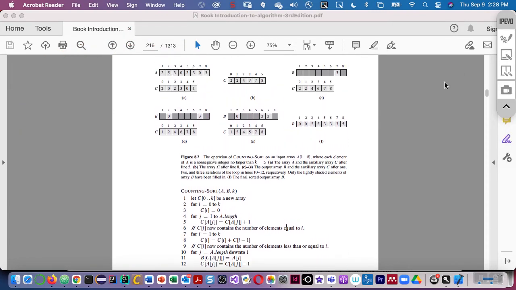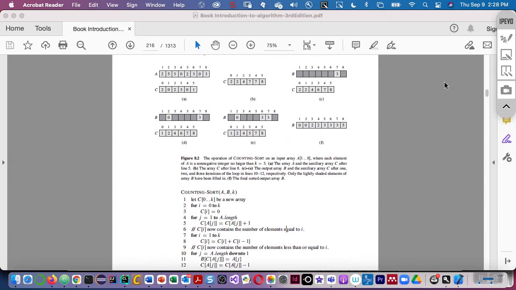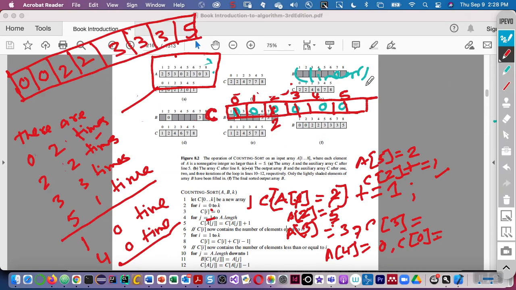This algorithm is considered a stable algorithm. What is meant by a stable algorithm? I'm coming to that. In order to ensure the stability, there is additional complexity in these lines. These two parts are the additional part. We need this because the equal numbers won't get swapped.